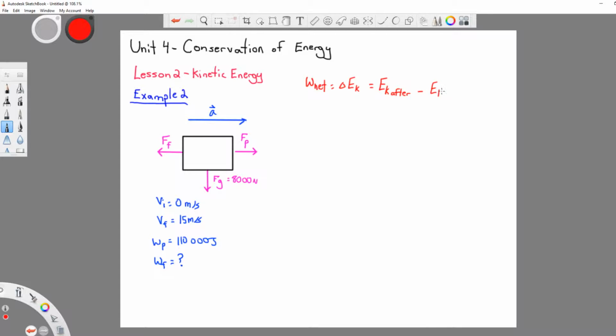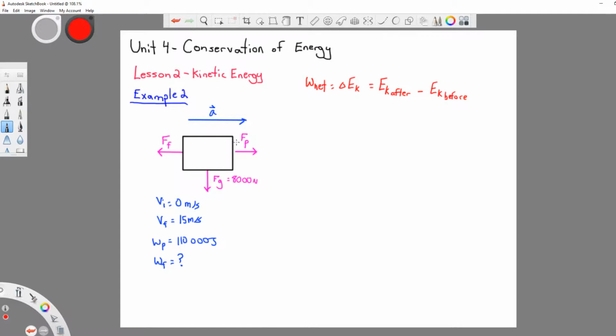So kinetic energy before. I think largely we might be able to deal with that here because we're going to have a zero energy value here, and then in the final value we'll actually have a rather large energy value.